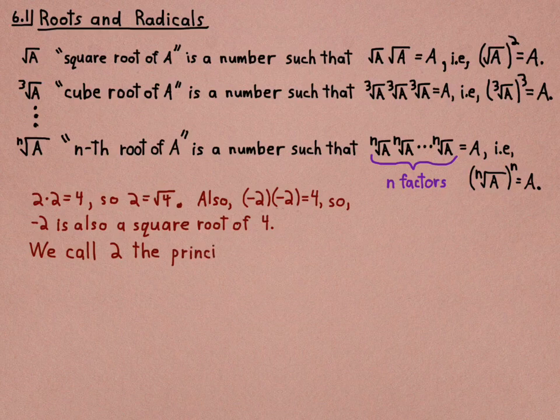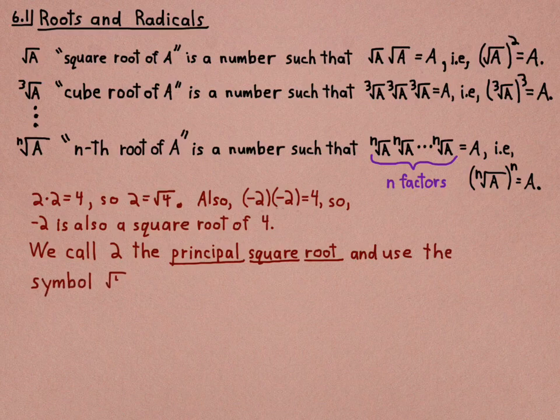So we call 2 the principal square root of 4 and use this symbol that we saw before for this square root. So when I write the square root of 4 there with that symbol, I mean the positive square root of 4. Well, it could be positive or 0. The square root of 0 is 0, but everything else would be positive for positive real numbers.